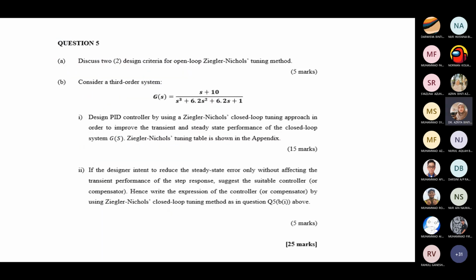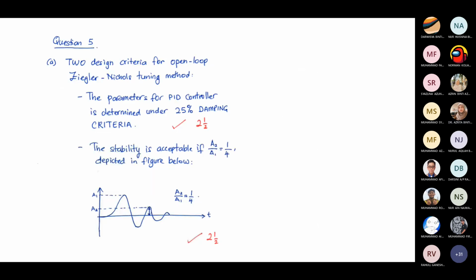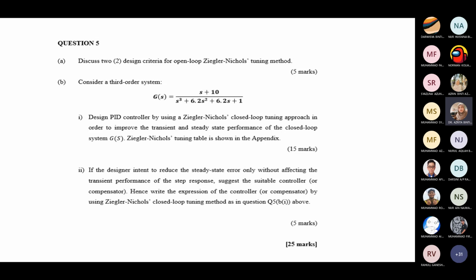So any question? Ada soalan tak? In the notes I have given, this is the question that has been asked in the final exam.